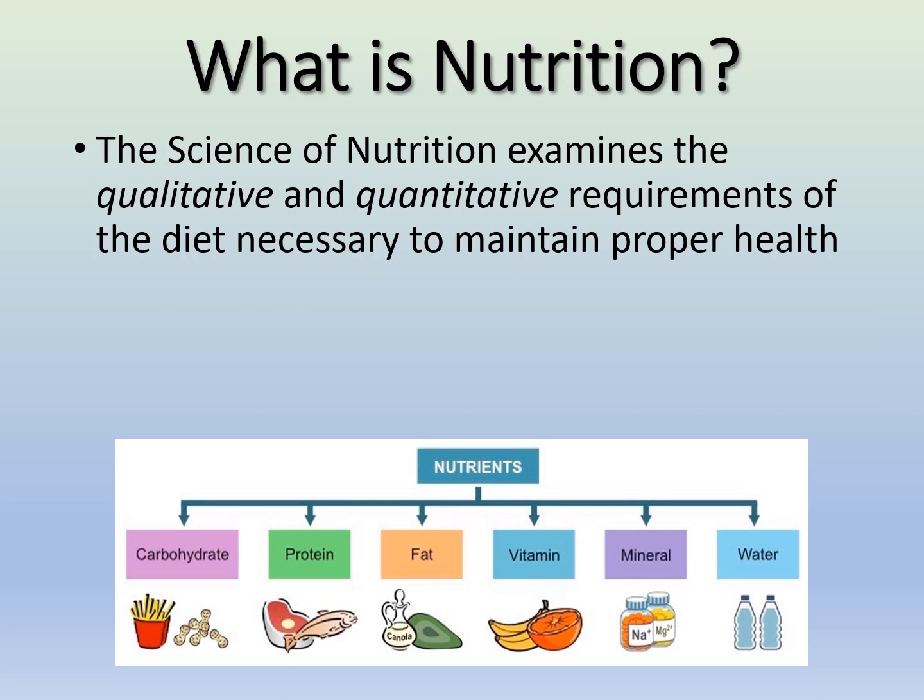So what is nutrition, right? It might be a pretty obvious question, but if you think about the science of nutrition, we're actually examining the qualitative and quantitative requirements of a diet, or any diet, necessary to maintain proper health. And we'll talk a little bit about what proper health means in terms of energy requirements, and we'll have a whole lecture on that. But if we remember back to what qualitative versus quantitative means, qualitative is kind of the what, right?